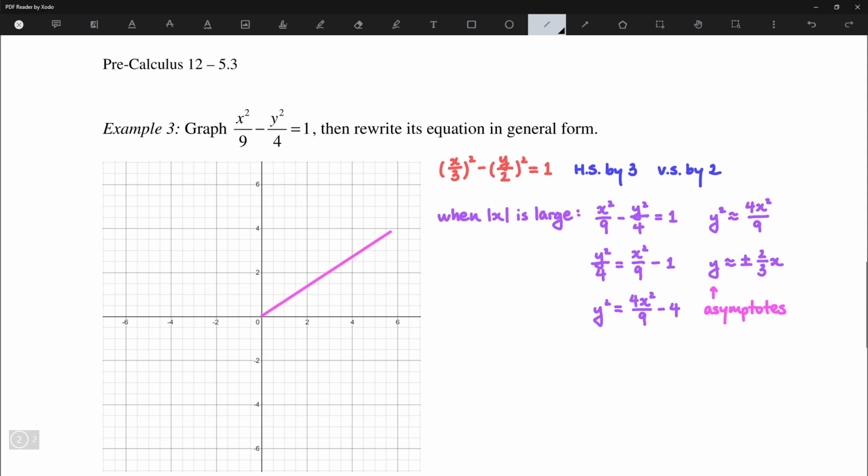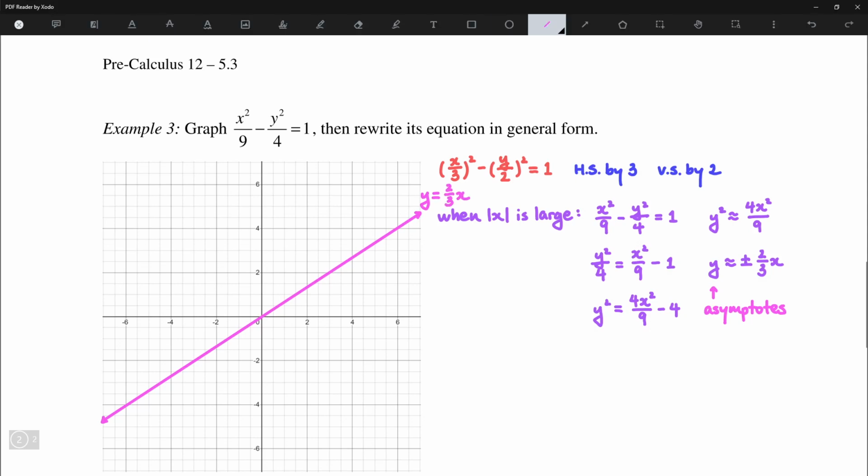And then 4 and 6. Right, this is more correct. So that's one of the lines. And that is, of course, y equals 2 over 3x.